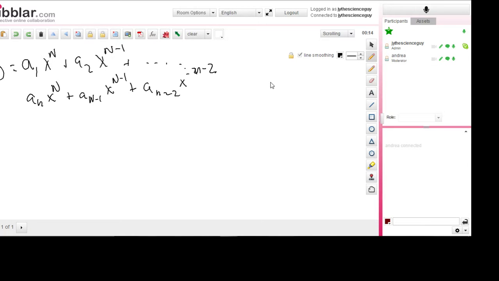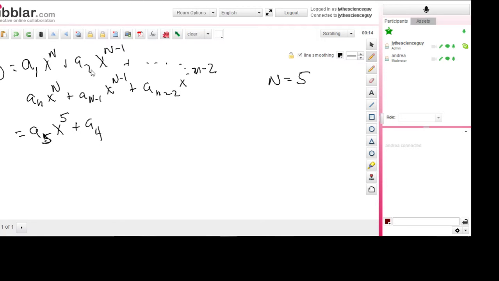If let's say my n is equal to 5, right? So they're saying that the first term has a degree of 5. So this would be a to the 5, and this is x to the 5th. And then the next term would be a to the 4, because I'm just going to subtract 1 from it.